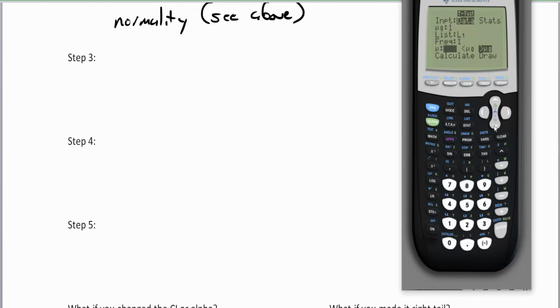Now we want two-tail. We want two-tail because our alternative hypothesis says we just want it to be different than 1. Okay, so let's go to draw, and you get to see a two-tail test. All right, you can see that we have 2 shaded regions, which is pretty great. And our t-value is 2.01, and our p-value is 0.0717.